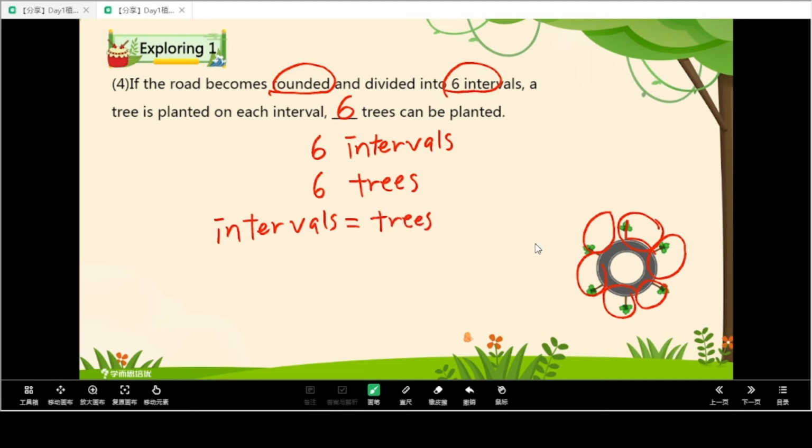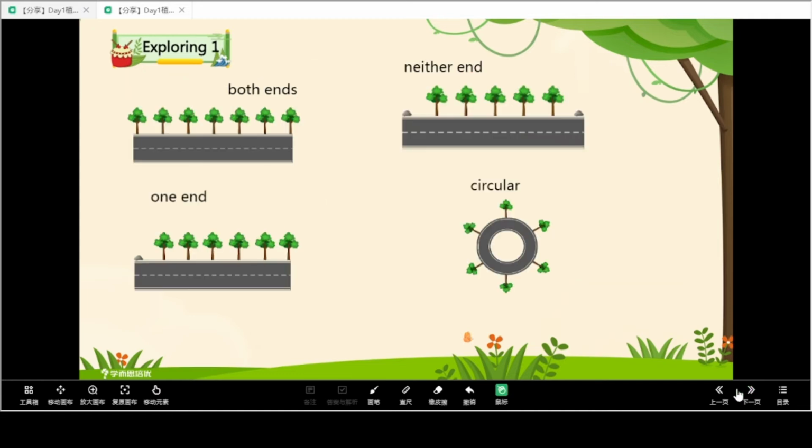Very good. Okay, so let's make a conclusion together. We can know from the previous practices the number of trees and the number of intervals have their own special relationship. It depends on different types of tree plantings. When the trees are planted on both ends, the number of trees is larger than the number of intervals.